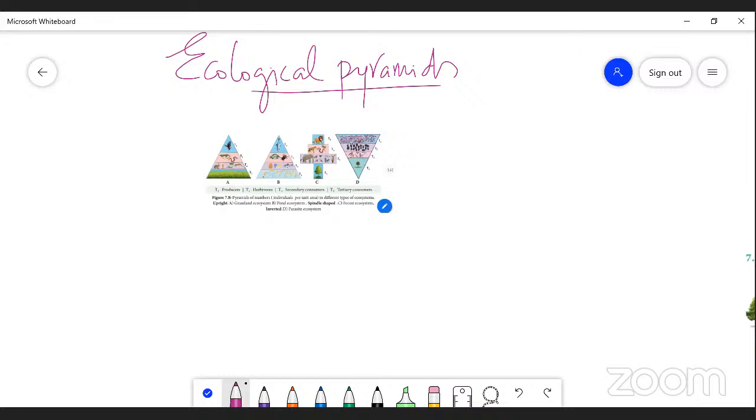Actually, an ecological pyramid is a graphical representation of organisms at every trophic level.